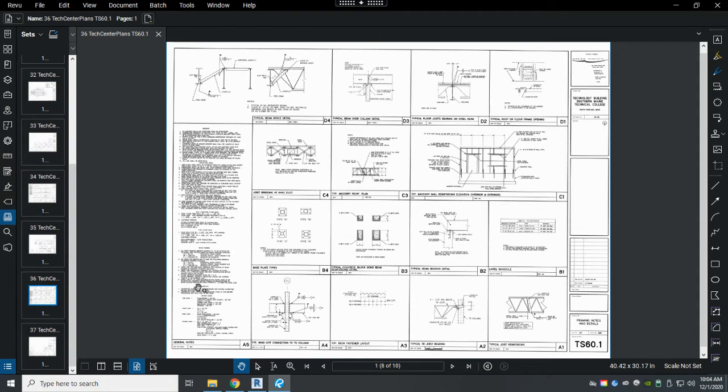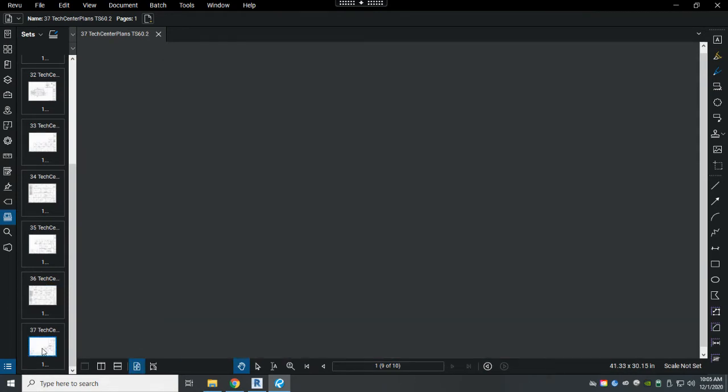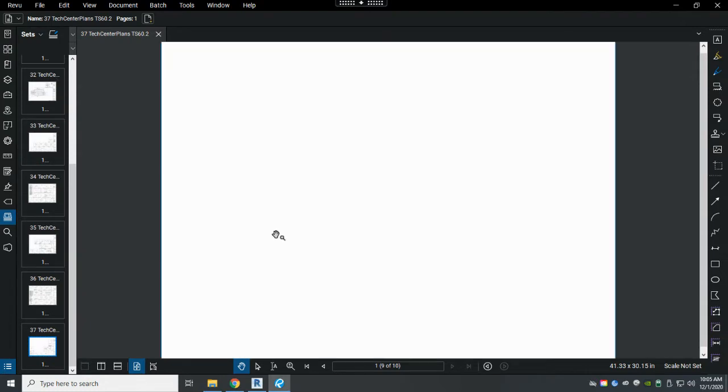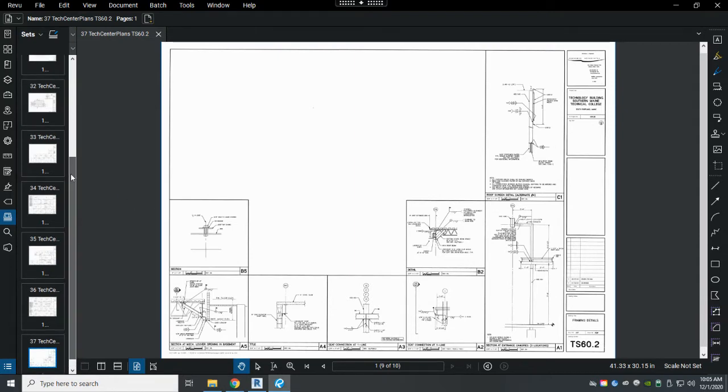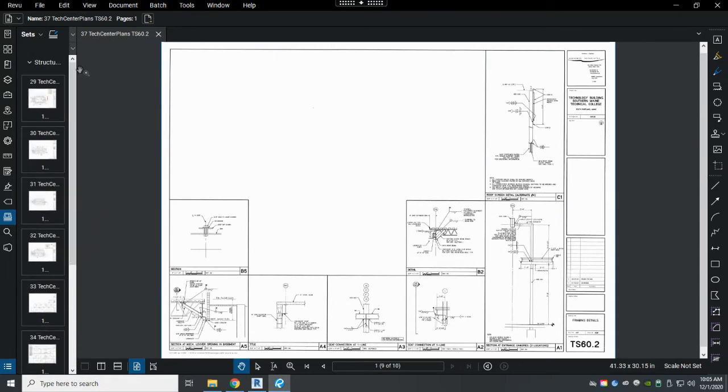So that's going to be an important section to look at. And lastly, we have one more page of details. So you can see as we went through that, none of those had a legend or abbreviations page. So we're going to have to do some sleuthing and kind of figuring some stuff out. So that's the full set.